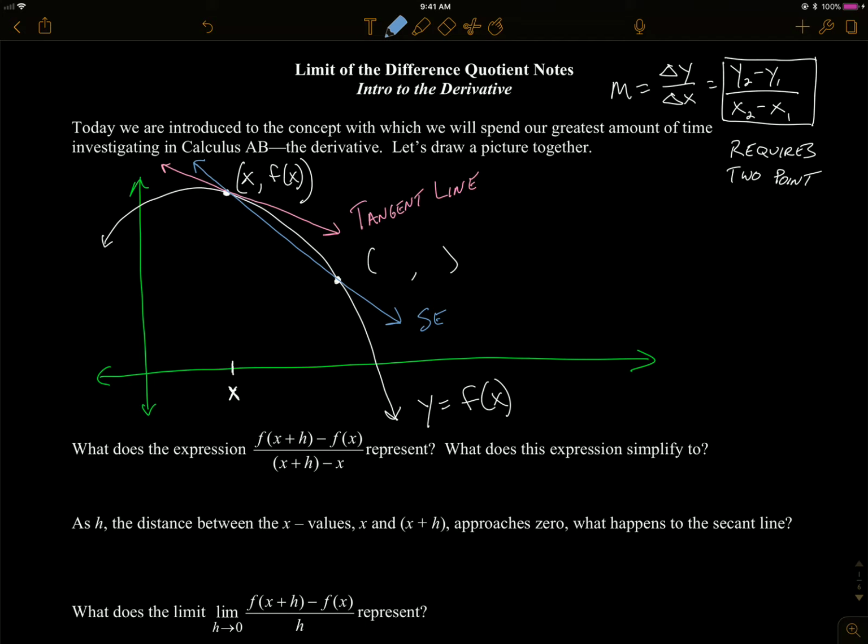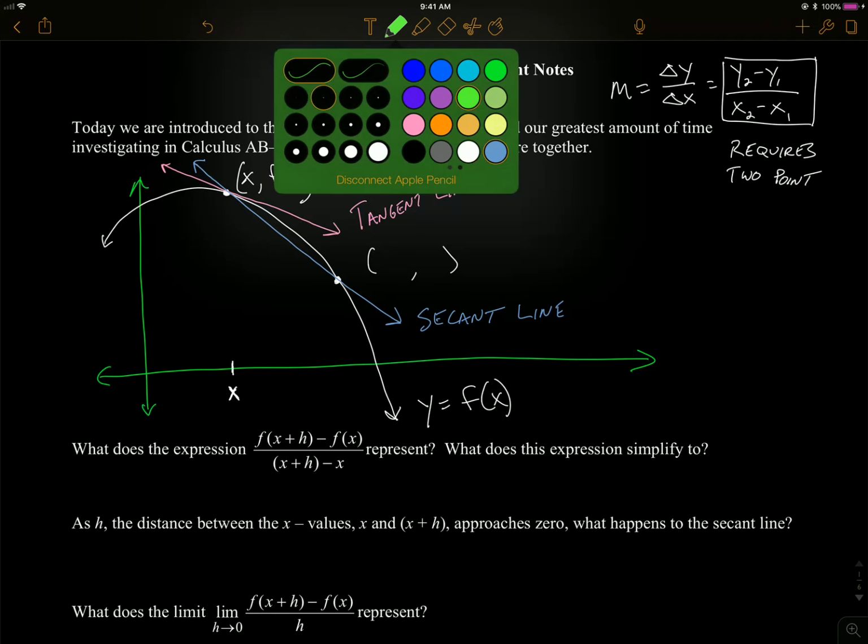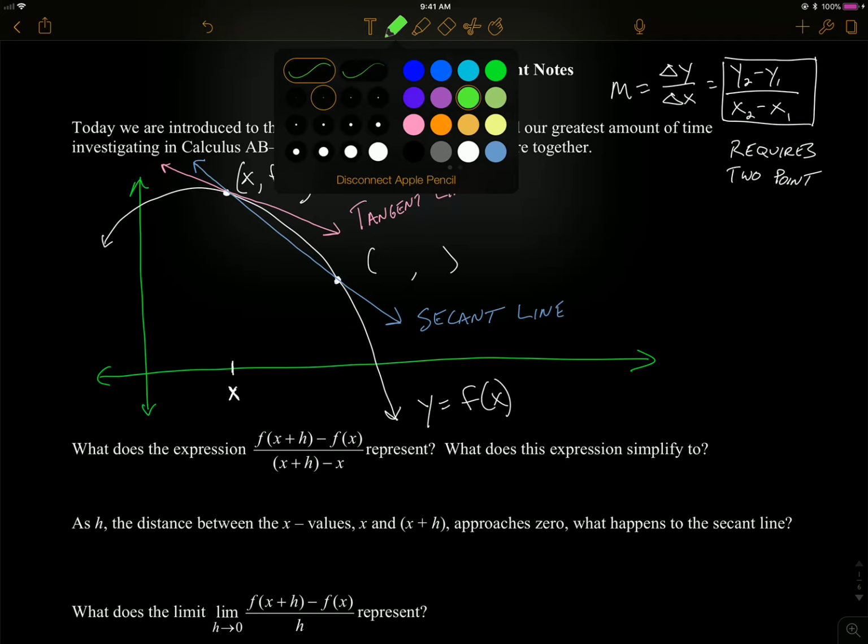That line is called a secant line. Okay, so that secant line touches the curve twice. And that's the definition, if you remember back from geometry. A secant line is a line that intersects the circle twice. So we're going to come up with the coordinates for that point.